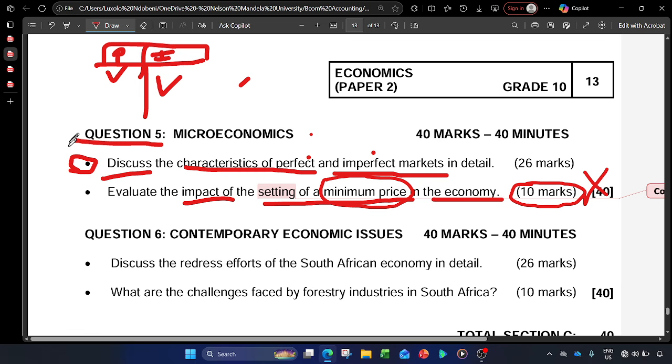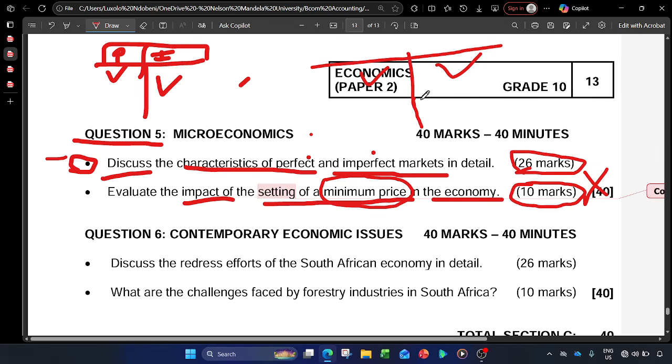They say we must discuss the characteristics of the perfect and imperfect markets in detail, and that is 26 marks, right? What is very important here, as I said before, is to just tabulate it, as if it's a question like differentiate, because you will write the characteristics of the perfect market on this side, and on this side the characteristics of the imperfect markets.